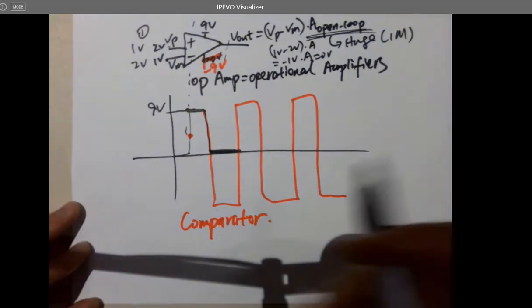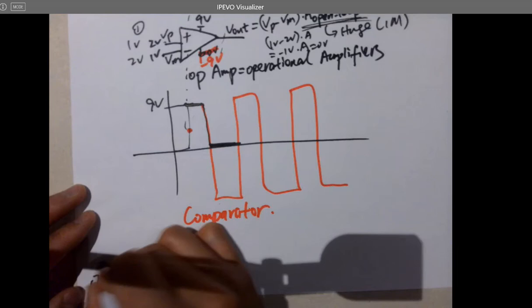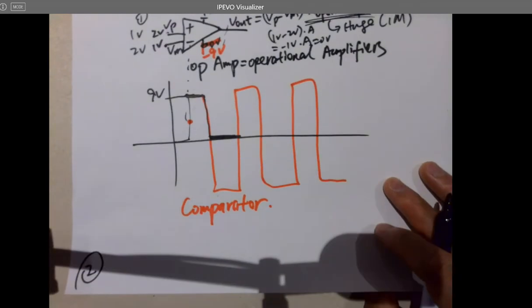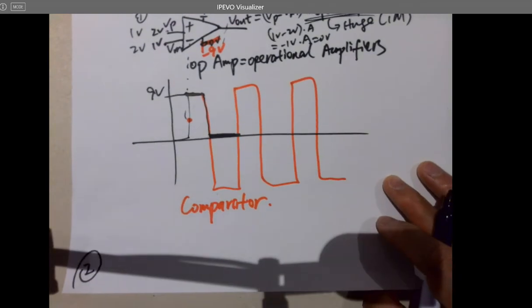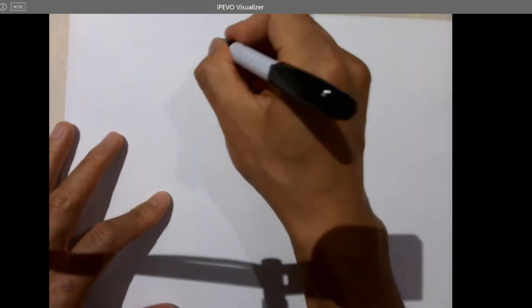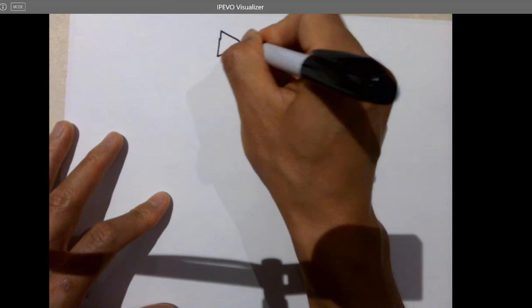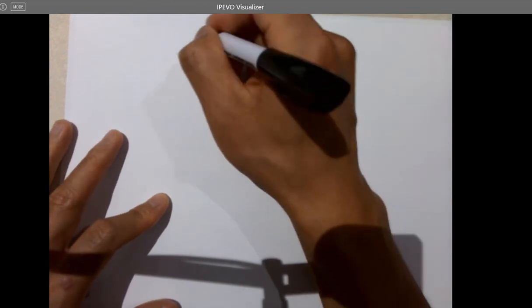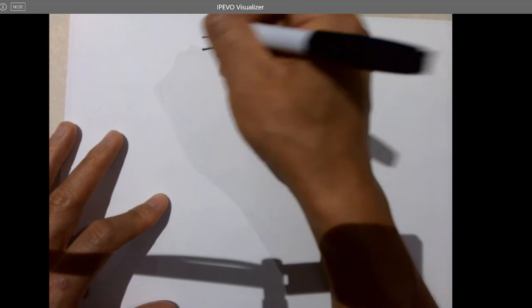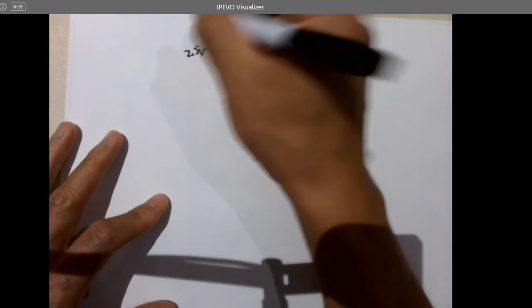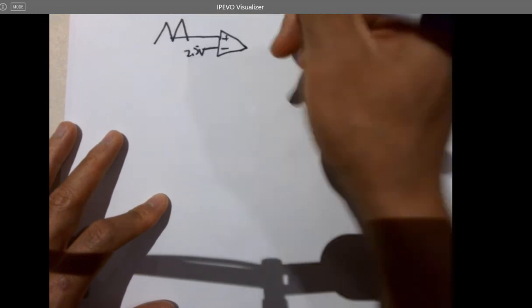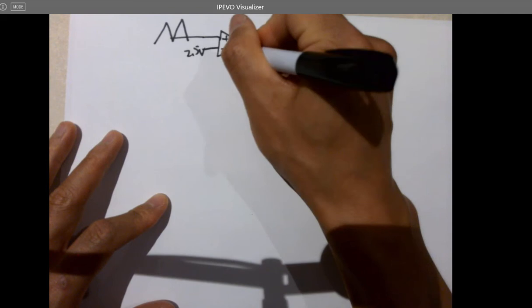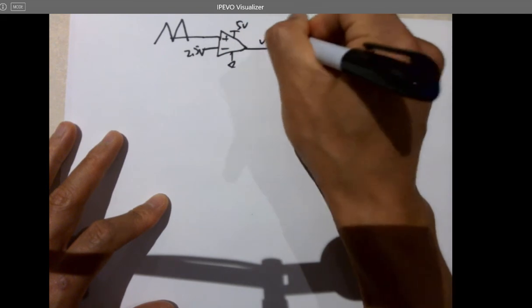If I draw an input output diagram on the next page, for this configuration, I connect this one to 2.5 volts, and this one is swinging like this, and I have 5 volts and 0 volts for Vout.